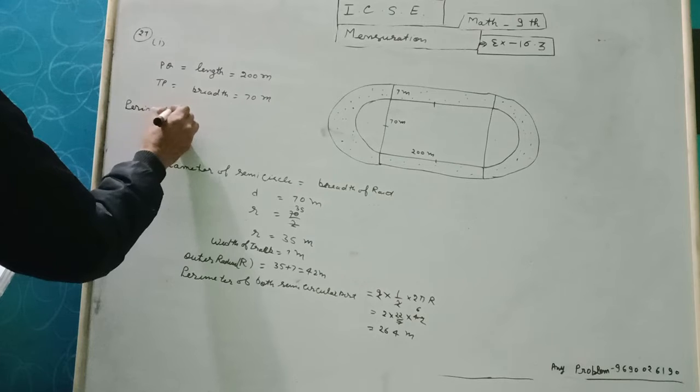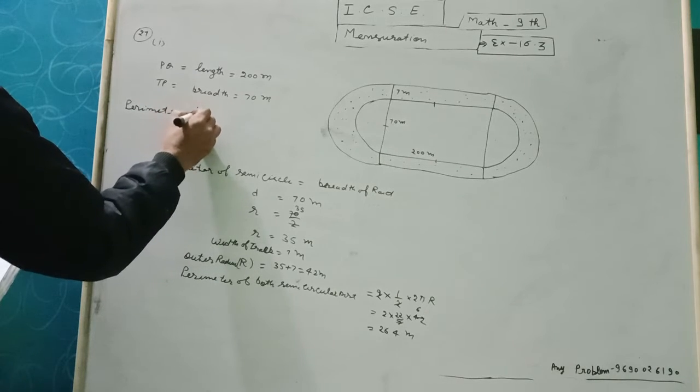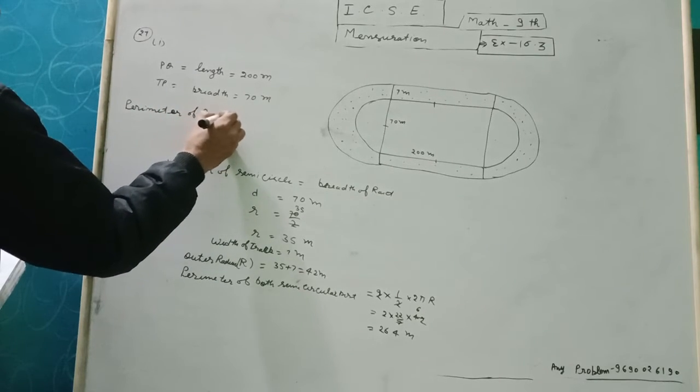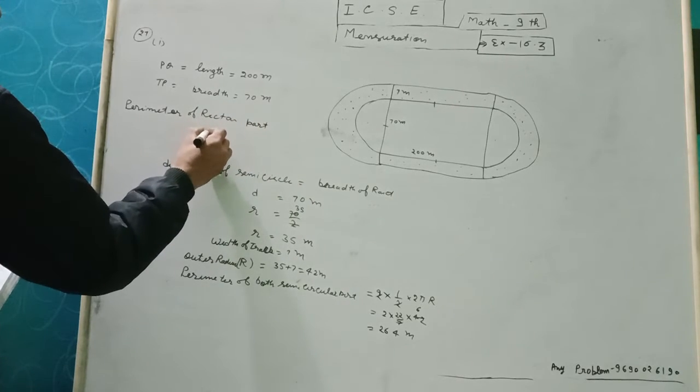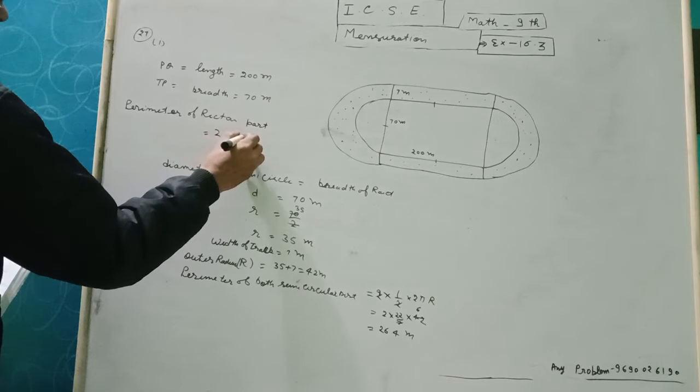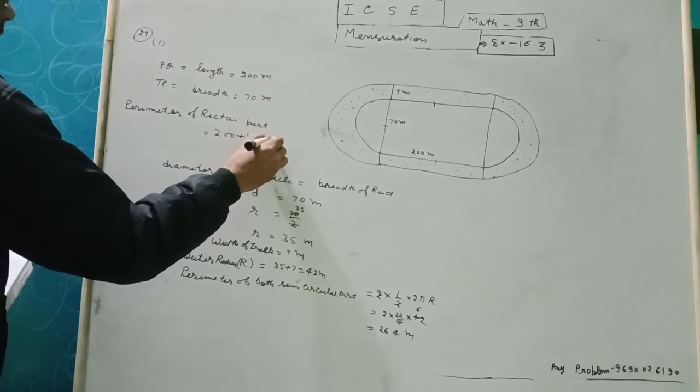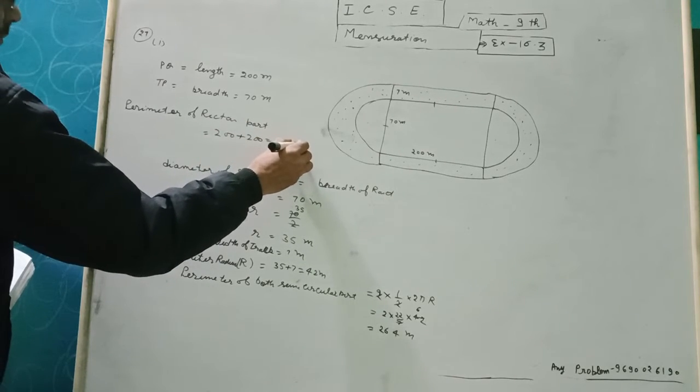Perimeter of rectangular part is equal to 200 plus 200 is equal to 400 meter.